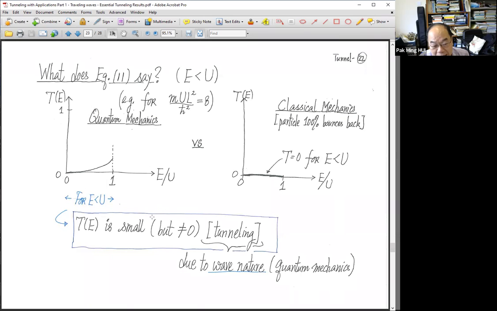But the point is that it is tiny, but it's not 0. So this tunneling, if you see through the mathematics and the derivation, it is a wave, it is exhibiting the wave nature, that is an important point in quantum mechanics, right? You have wave functions representing the system, okay? So it is again a consequence of the wave nature of the field.